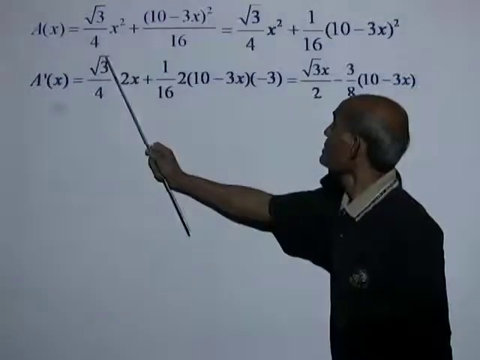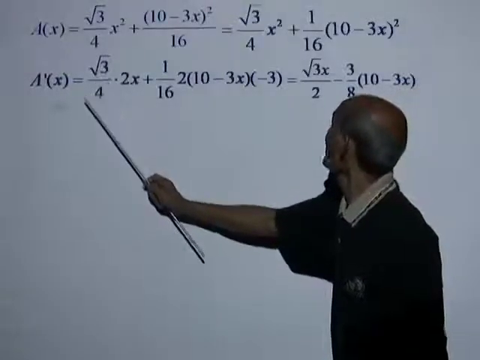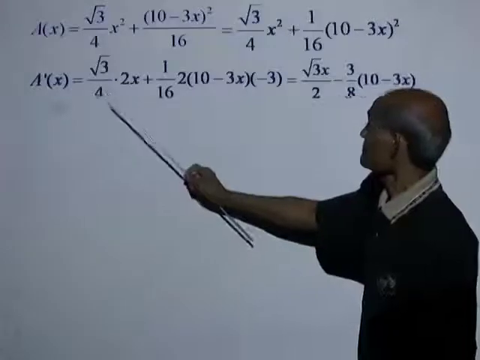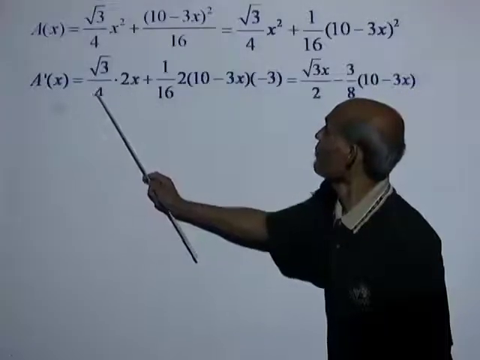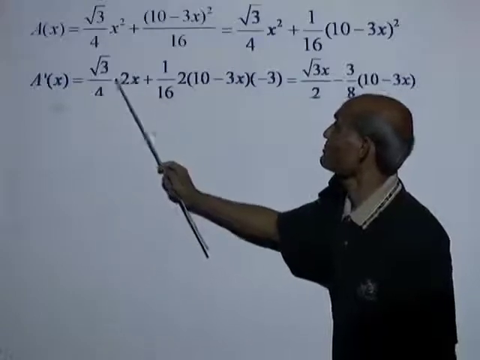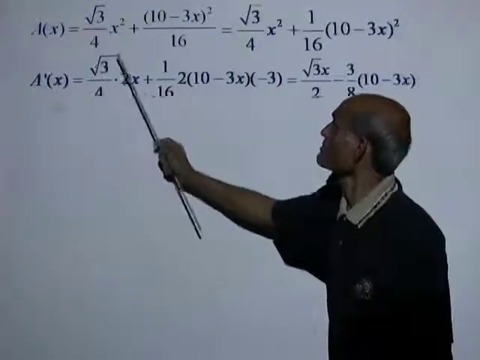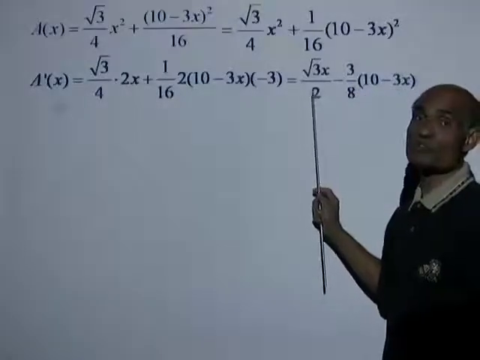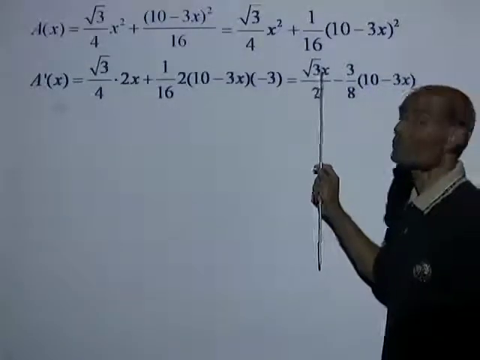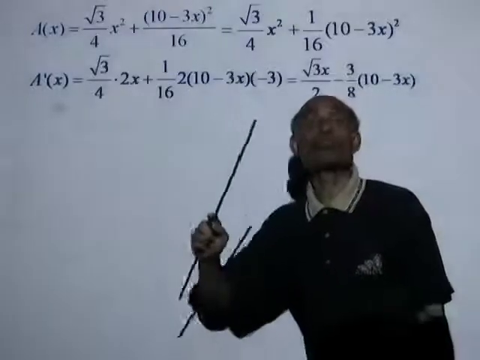It will be square root 3 over 2 times square root 3x. Remember, this 4 can be cancelled with this 2. That gives you square root 3 x on the numerator divided by 2. Now remember, don't confuse this as square root of 3x.